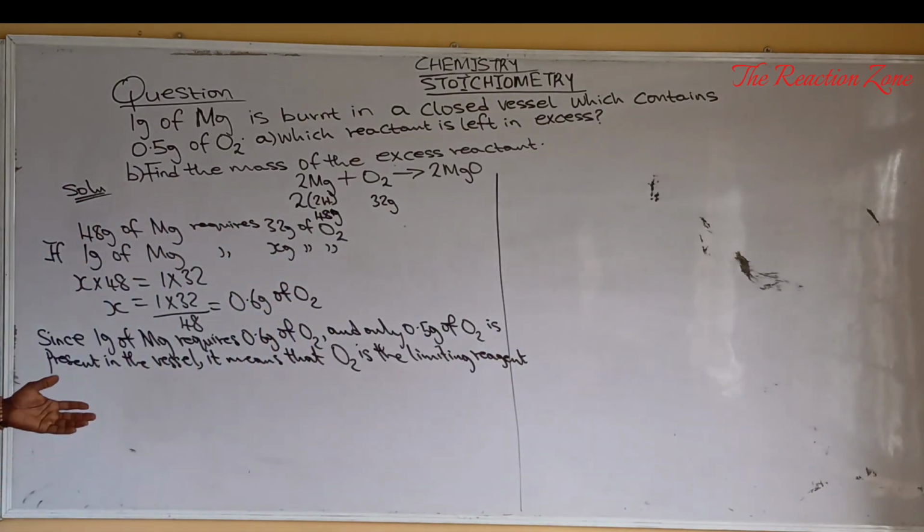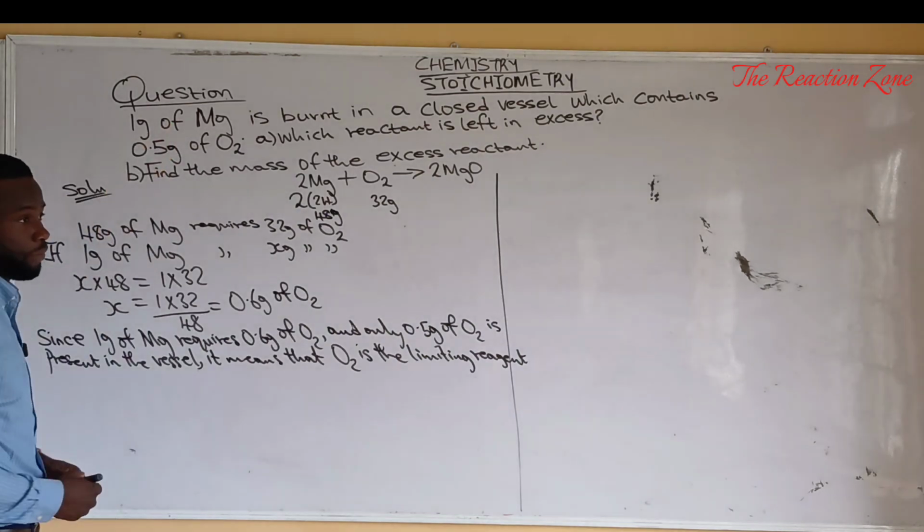If oxygen is the limiting reagent, it means that the reactant that will be left in excess will be magnesium.